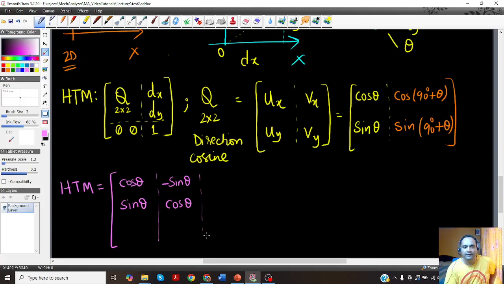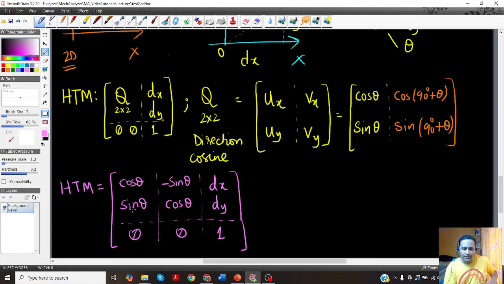Finally, we already have dx and dy, and the last row will be, below the position, always 1, and to the left of that will be zeros. Again, this is standard terminology used in robotics, but I just want to introduce it here because in a few mechanisms we'll be using this HTM matrix as well. So this is 3 cross 3 for a 2D system. Now we'll try to replicate this in GeoGebra, so please follow through.